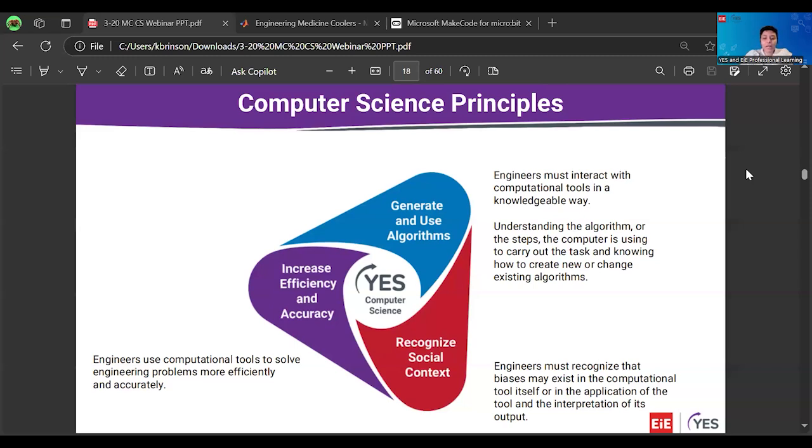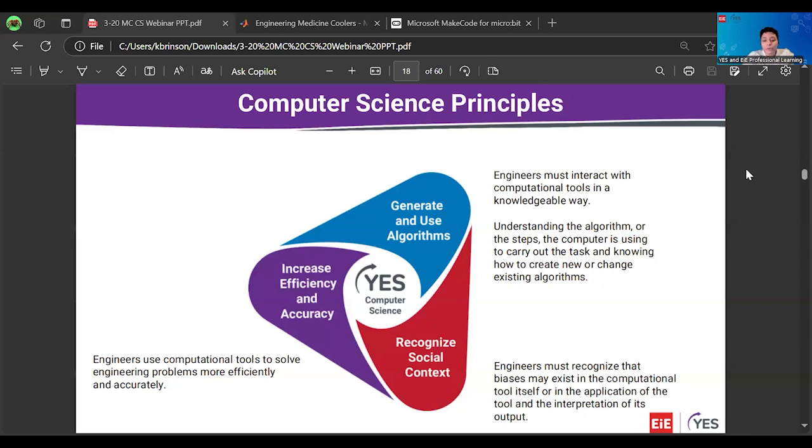But it's not just about using those tools, it's knowing how they work in order to solve problems and create new solutions. The second there in purple is increase efficiency and accuracy, which highlights that these tools are really designed to make things faster, make things easier for humans, try to eliminate some of this human error that might happen.